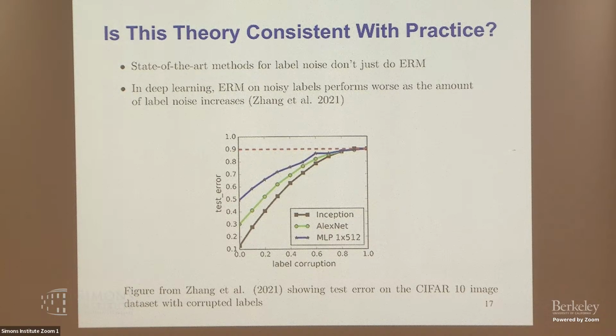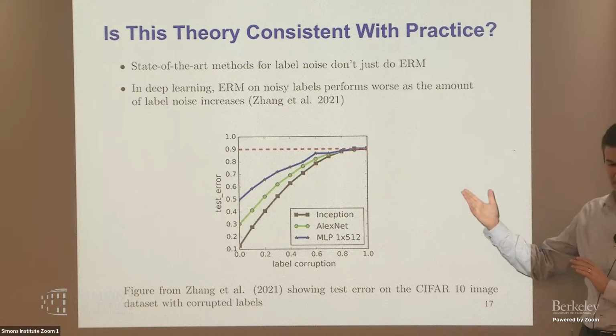For one, state-of-the-art methods for classification with label noise aren't just doing ERM or some simple method on the noisy data. There's a big literature on this and lots of elaborate methods to try to compensate for noisy labels.